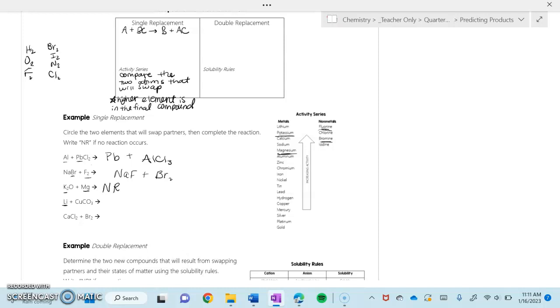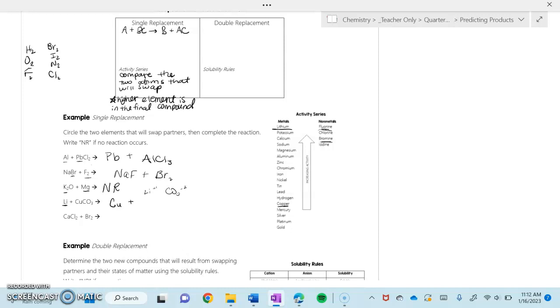Lithium is also a metal, so let's check over here. And copper. So lithium needs to be in the compound. It is not, so it'll go ahead and proceed with a reaction. Copper gets bumped, and it's not diatomic, which is why we just write Cu. And then we have lithium and carbonate. Think about their ions. Lithium is a +1.